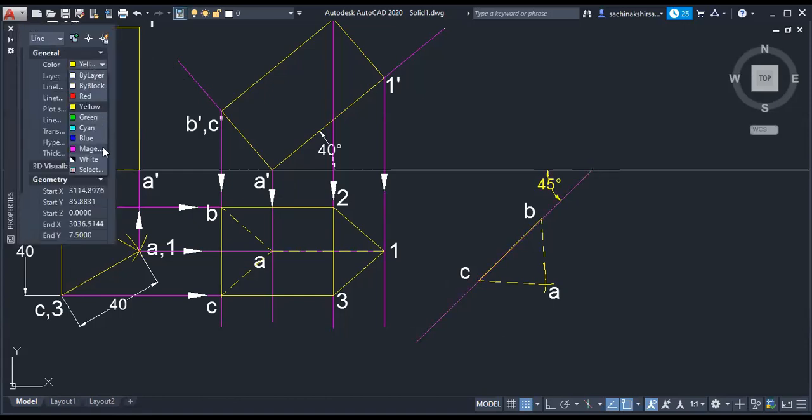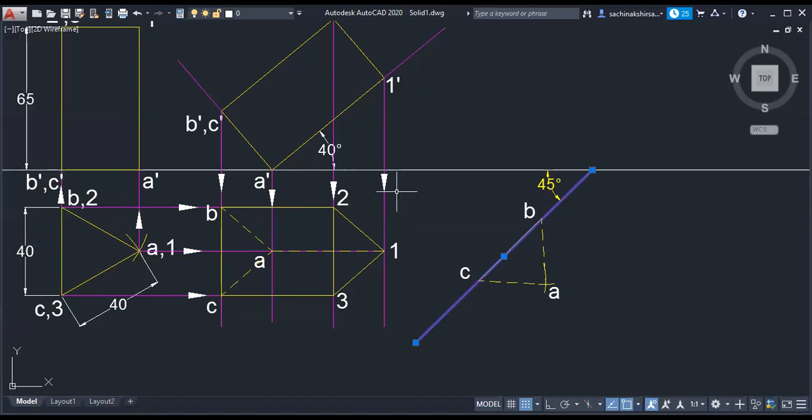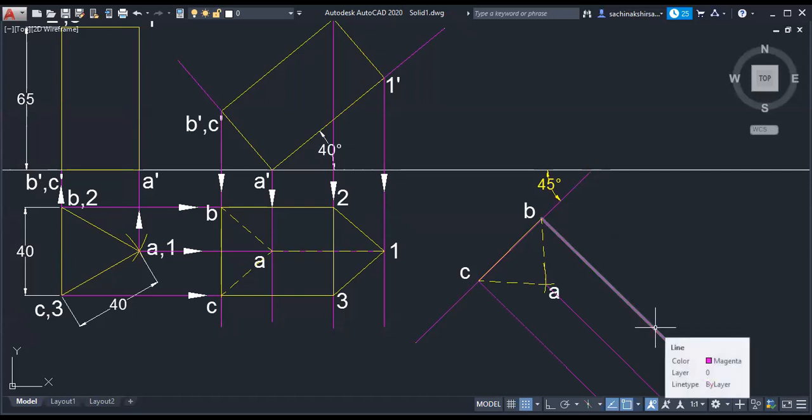So see how I am drawing it first. In this way, from 3 points, you can draw lines perpendicular. So from B, from C, and from A, likewise, you can draw lines. To which line should it be perpendicular?